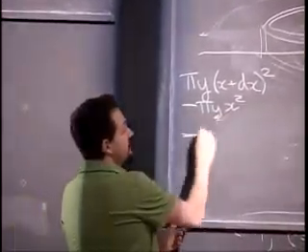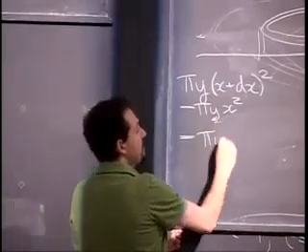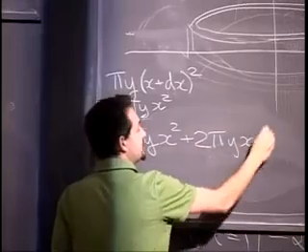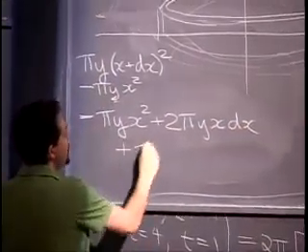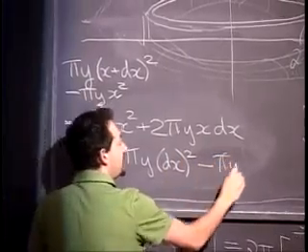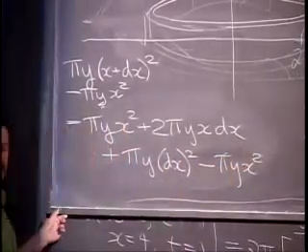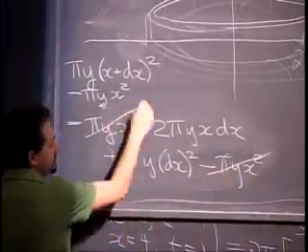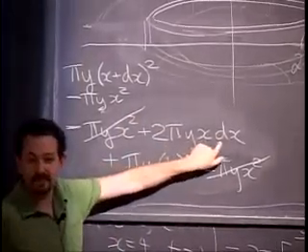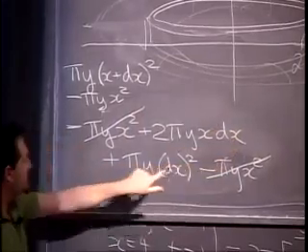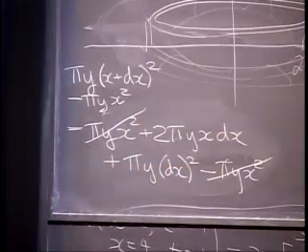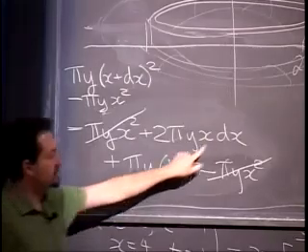So what you get when you expand it is pi y x squared plus 2 pi y x dx plus pi y (dx) squared minus pi y x squared. And then this cancels this, and you end up with the 2 pi x y dx, which is the same as what we found, plus a term with a dx squared, which is of much, much smaller magnitude than this.